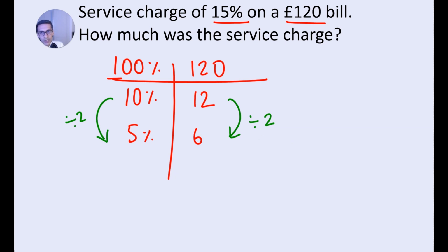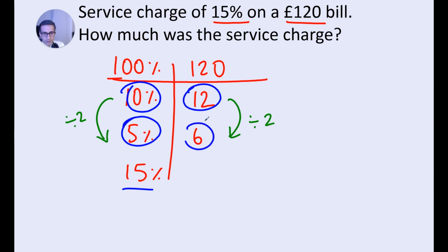Now, can you think of how we might be able to work out what 15% is here? We're not actually going to need to use multiplication this time. We're actually going to add 10% and 5% to get 15%. So that's going to be 12 plus 6. And 12 plus 6 is 18. So 18.